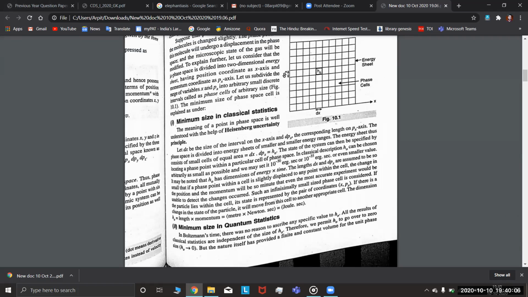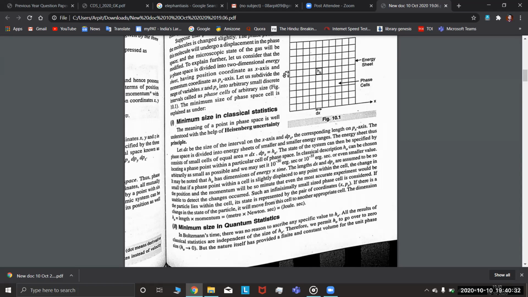When you say it is in a given particular phase cell, and the phase cell can be any arbitrary value, I can make it as small as possible. The smaller I make it, the more precise will be the position and velocity, right? But in quantum mechanics, you simply cannot do that.